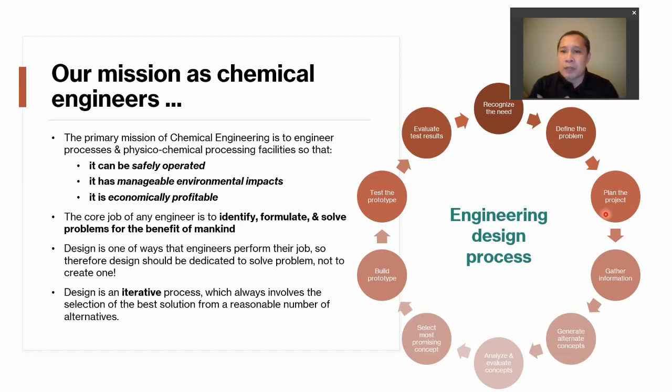We plan the project, gather information about the project, and so on until we come up with a prototype to solve the problem, and we evaluate the test results based on the prototype. If all goes well, then we implement that solution. This iterative process will always involve the selection of the best solution from a reasonable number of alternatives.